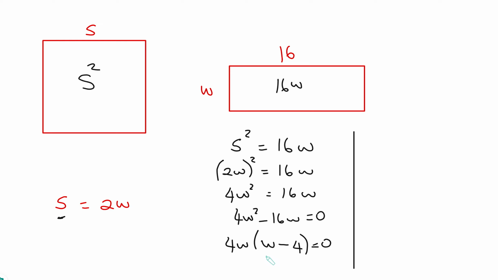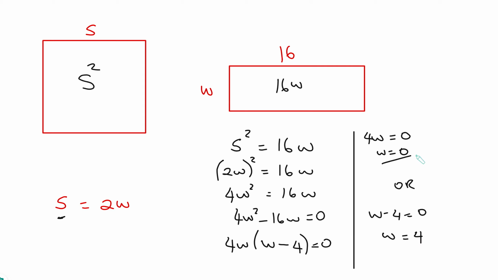For this to be true, either 4W has to be equal to 0 or W minus 4 has to be equal to 0, so that when you multiply them, the product is 0. That means we can say 4W is equal to 0, and W would therefore also be equal to 0, or W minus 4 is equal to 0, making W positive 4.